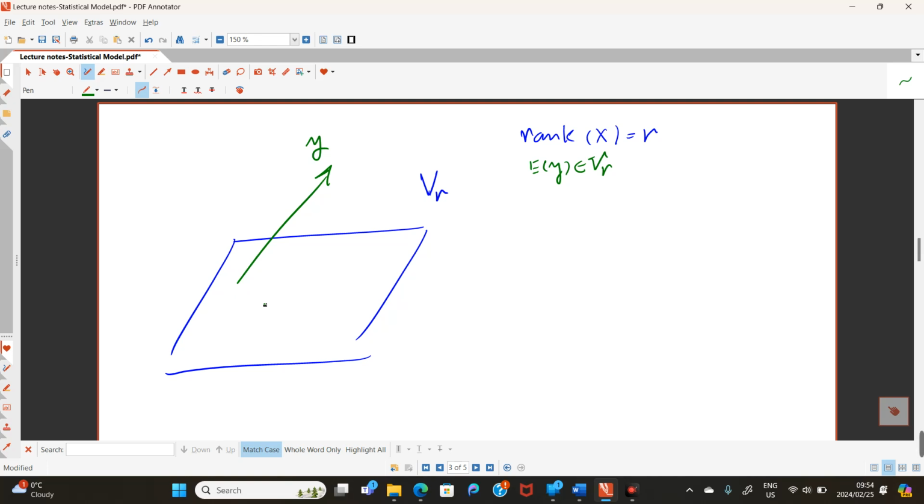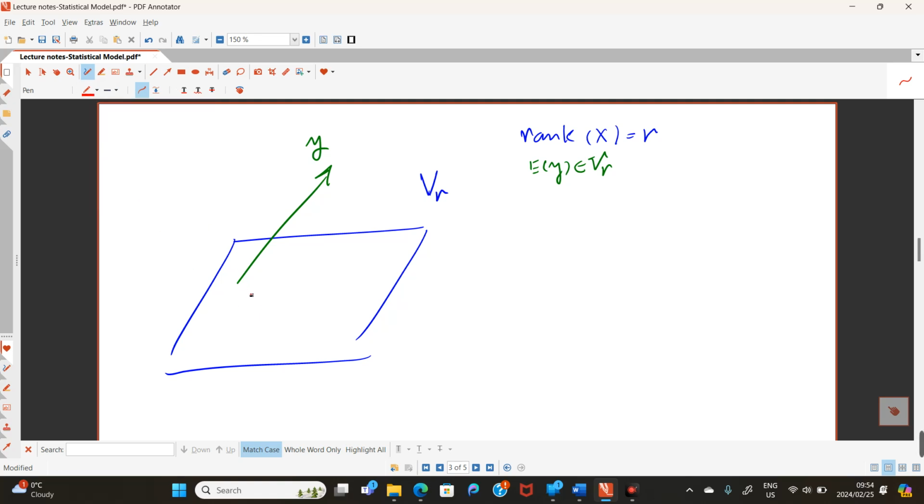Then you will say, okay, how can I put y, or any characteristic of y, onto this space? The first thing that comes to your mind is the projection. You can project y on VR. So we will do projection.